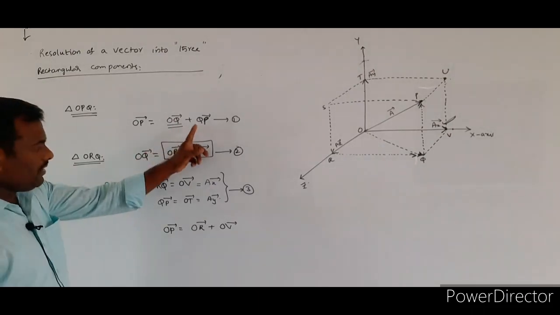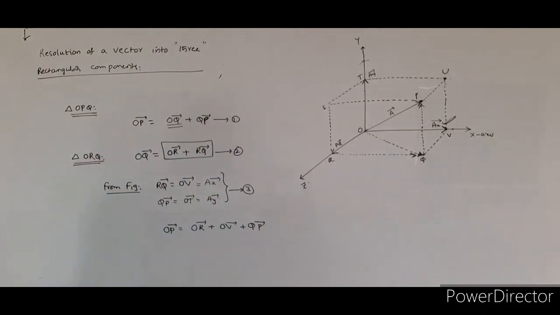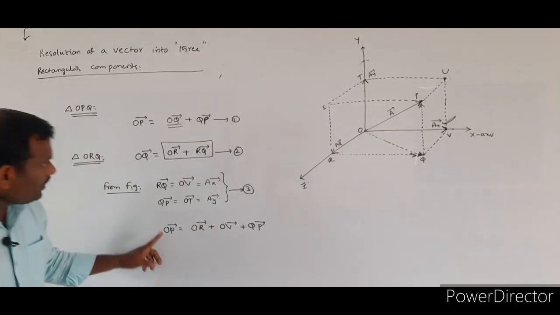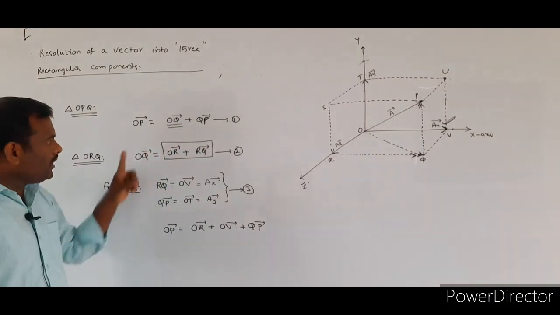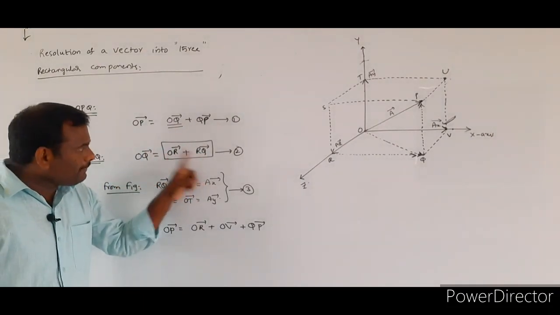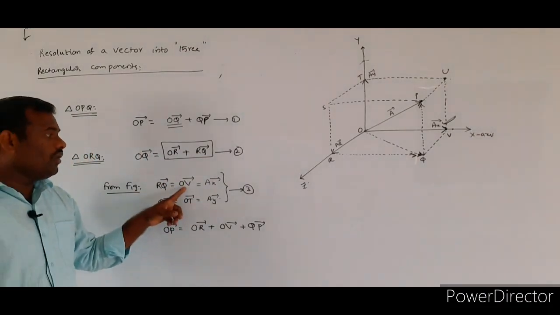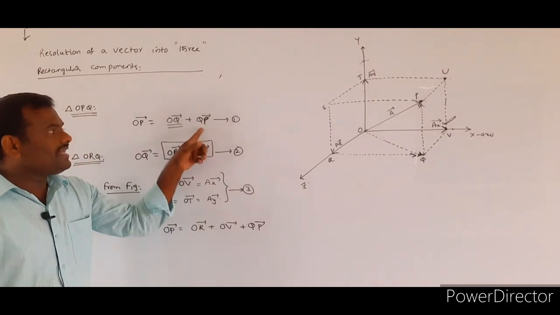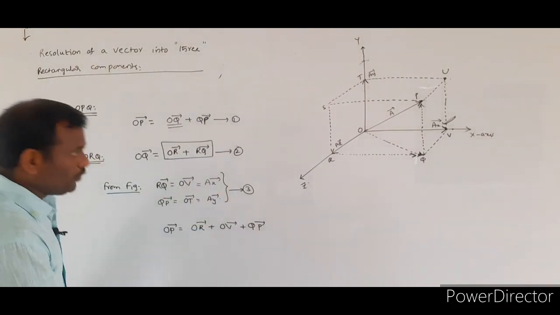OV bar, plus one more vector, that is QP bar. OP bar is equal to OQ bar plus QP bar, and OQ bar is equal to OR bar plus RQ bar. In the place of RQ bar, directly I wrote OV bar, and QP bar as it is.